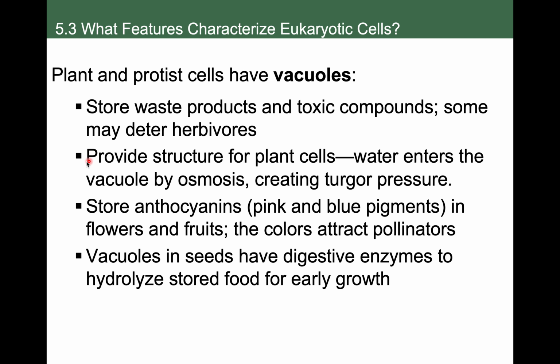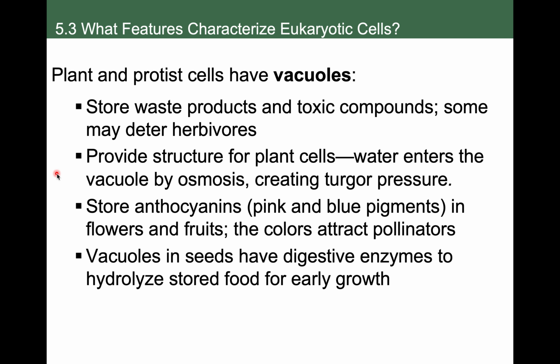They're also very important just in terms of providing some structure to plant cells. So typically that vacuole is filled with fluid, right, primarily water, and the outward pressure of the vacuole pushing out on the plant cell creates this phenomenon called turgor pressure. So this is what would, for example, prevent a soft stem plant from being wilted.